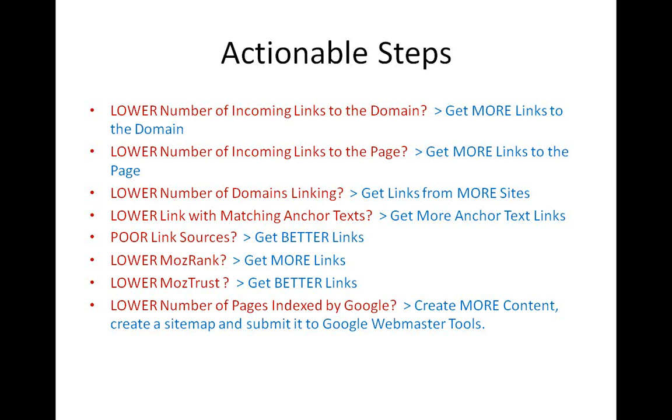If you already have the content, but for some reason your website is not built right, and Google only indexes maybe 10 or 20% of your pages, well, then you need to do something about it. You need to fix the website architecture, and the other thing you can do is create an XML sitemap and submit it to Google Webmaster Tools. So Google knows what pages are on your site, and then they can index them.